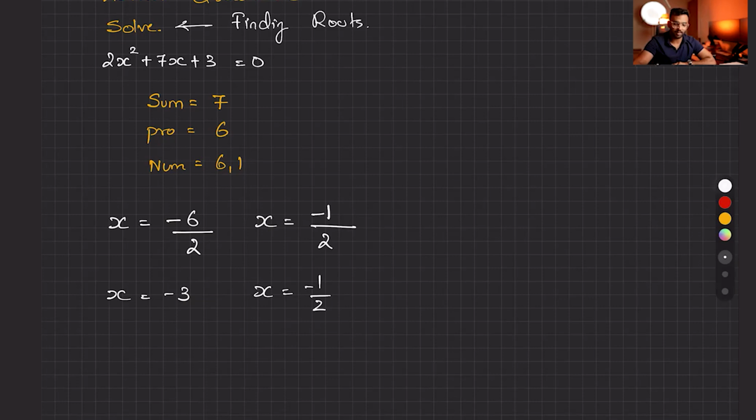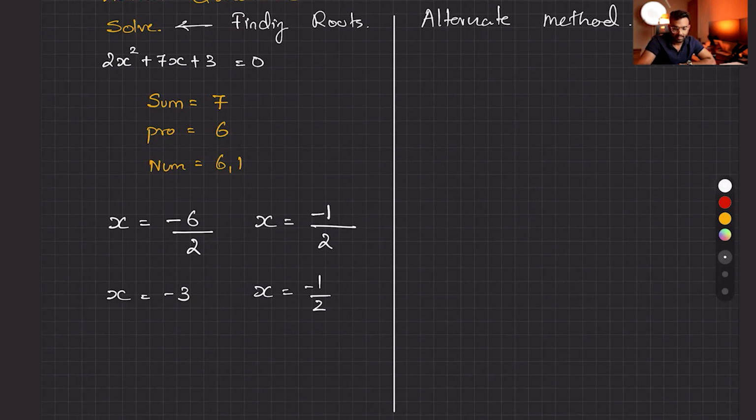We will do a few more examples, but I would like you guys to go through another method, an alternate method. I will call it the yuck method for now. Okay, so 2x squared plus 7x plus 3 equal to 0.